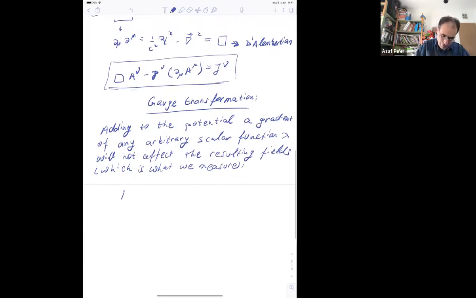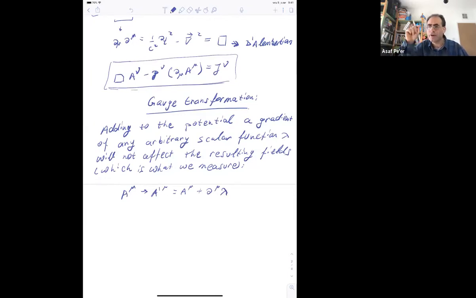Right, so if I choose A mu goes to A prime mu, which is just A mu plus the gradient of a scalar field lambda, lambda is any scalar function of space and time, right? Just to make sure: for example, the temperature is a scalar function, means it gets a scalar value, but it's defined anywhere in space.